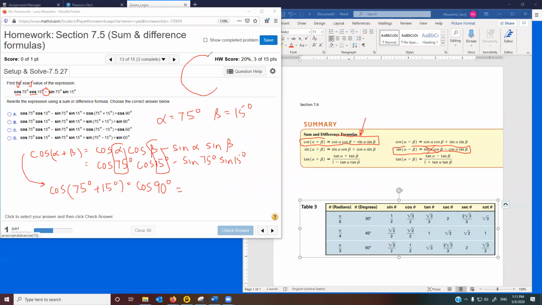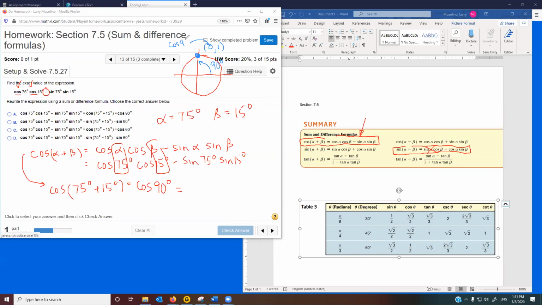I'm going to go to the unit circle again, because that will make this a little easier. I know 90 degrees is this angle right here. That's going to put us to this point on the unit circle. Well, that point is 0, 1 on the unit circle. But I know the cosine is the x value.